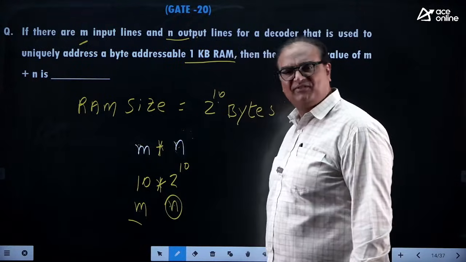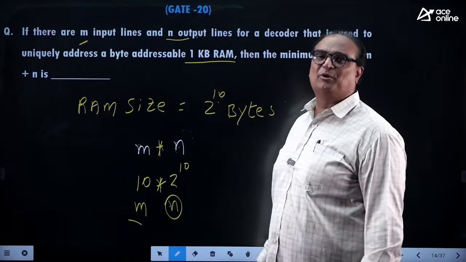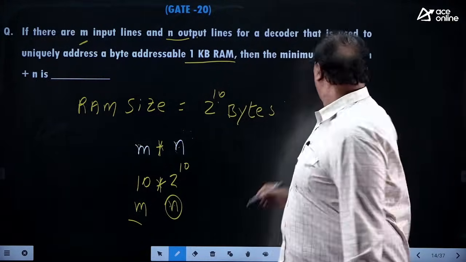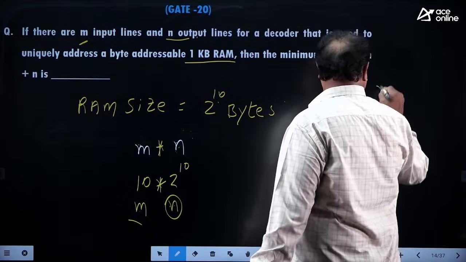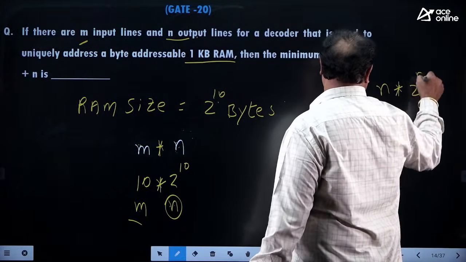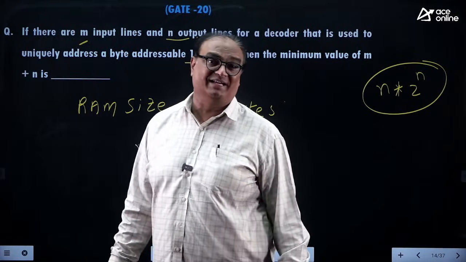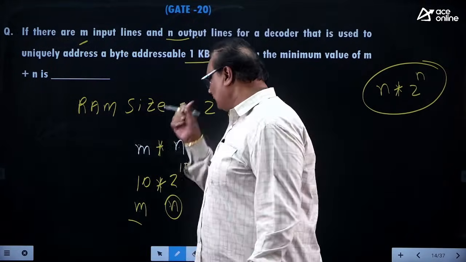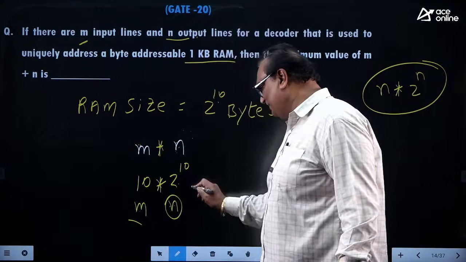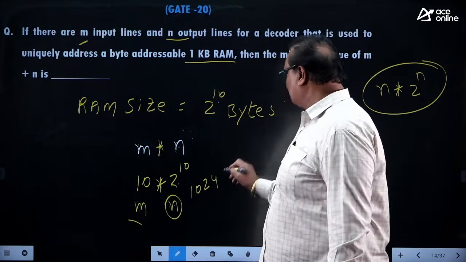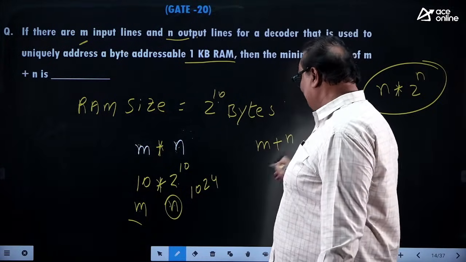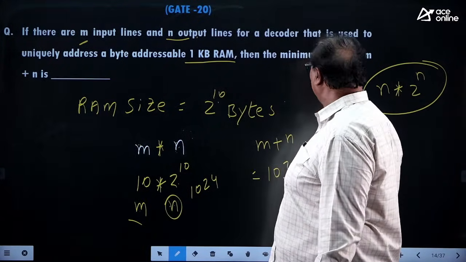Then automatically the M value becomes 10, because the decoder standard size is N into 2 power N. What does N tell? The number of inputs. What does 2 power N tell? The maximum number of outputs. That's why this value is 1024. So M plus N is 1034.